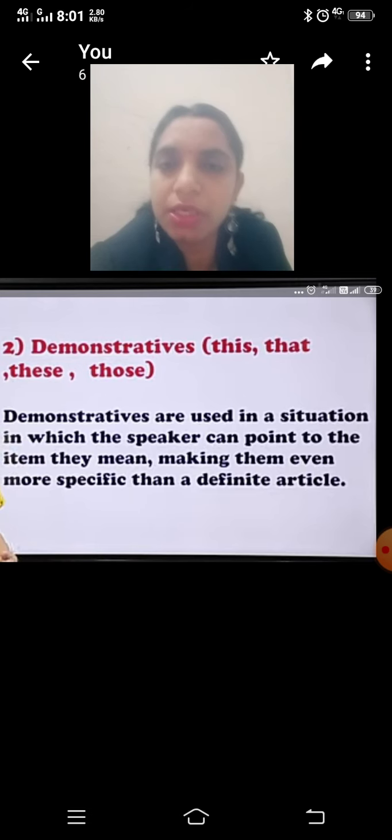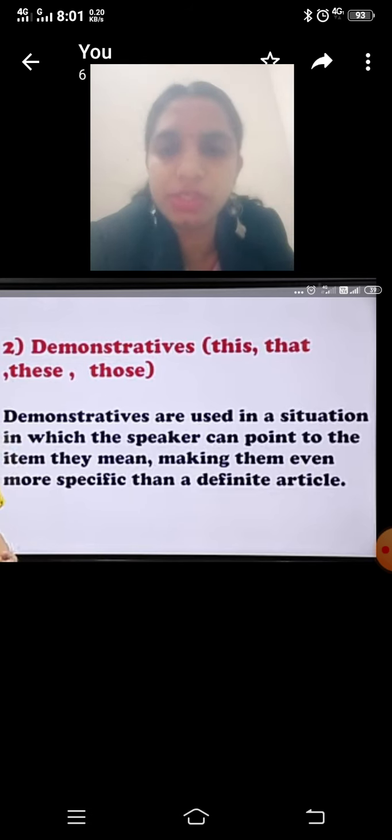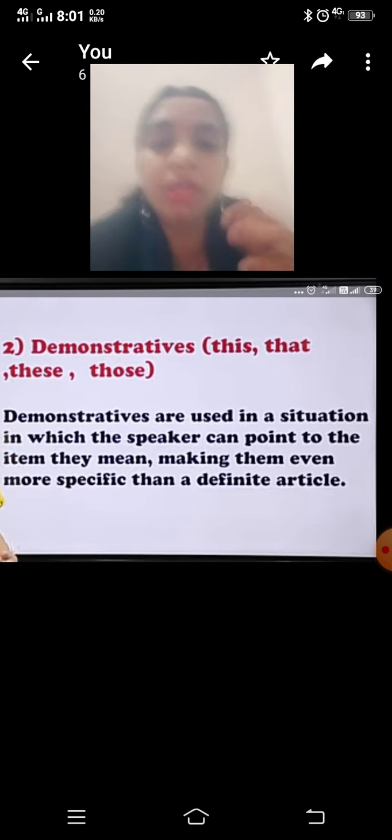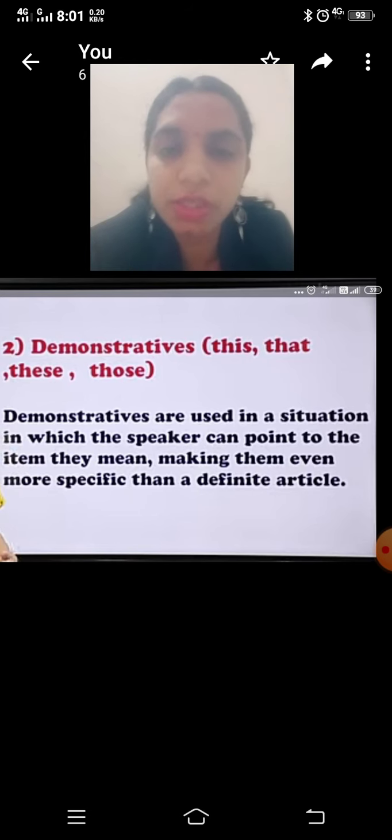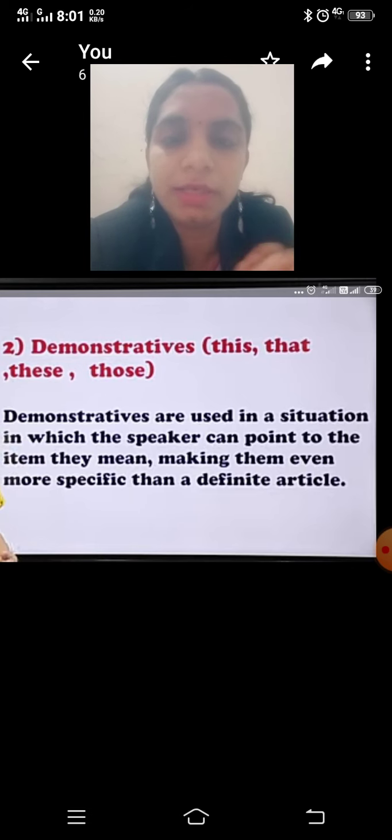So here the meaning is, demonstratives are used in situations in which the speaker can point out the item they mean, making them even more specific than a definite article. So demonstrative means to point out any noun, and those words are this, that, these, those.